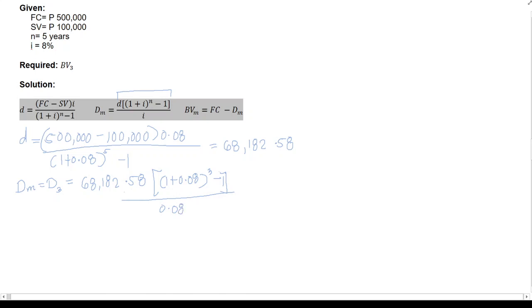For the depreciation at the third year, we already used the third year here, and for the depreciation at a certain term, that is raised to the useful life. So for the depreciation at the third year, we use here the n, which is 3 already.